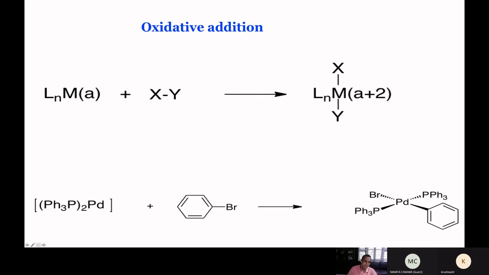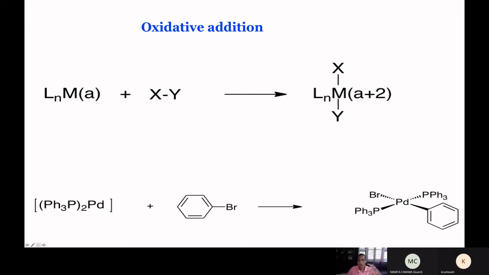Let's go back once again. Usually, if you have a ligand, like here a phosphine ligand, holding to the metal center, if this ligand is small and electron rich, then you will get the oxidative addition into XY.